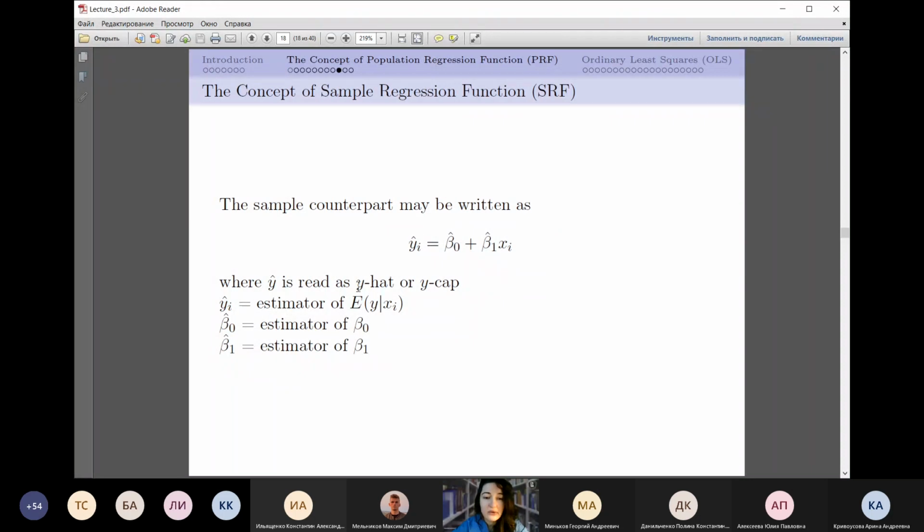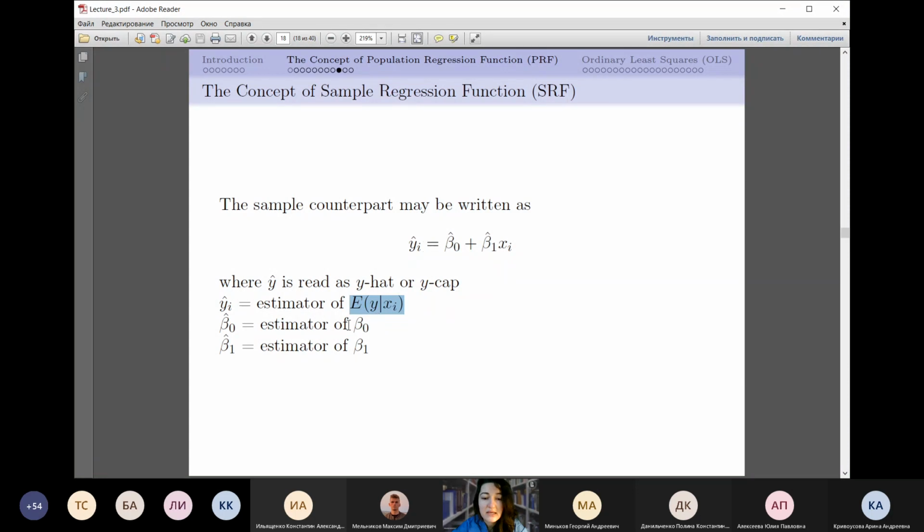We read this as y hat or y cap. And what does it mean? This hat means that y hat is an estimator of the population conditional mean. And also beta 0 hat and beta 1 hat are estimators of beta 0 and beta 1.